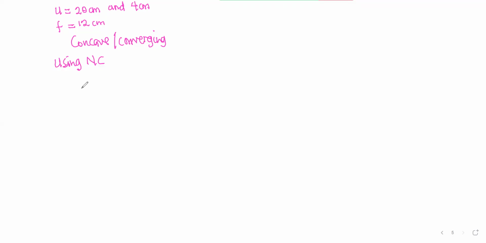Yes. If you place objects beyond C, the image will be in front of the object. If you place the object beyond C, the image will be formed between C and F.